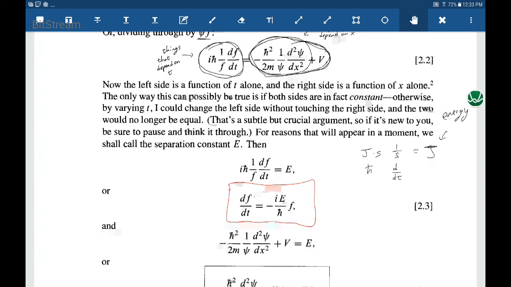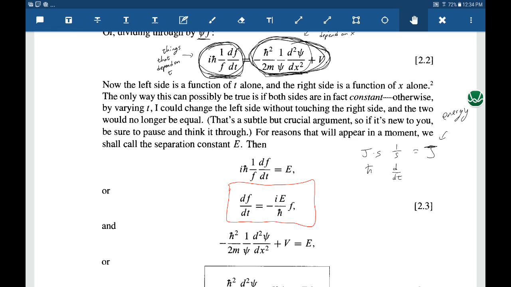So what this means is that if this guy depends on a variation with time, this guy depends on a variation of x. And if this is true for all t and all x, that means that this must equal a constant, and this must equal the same constant.